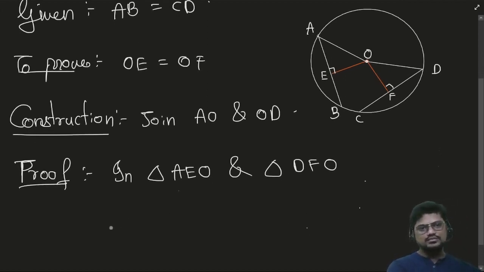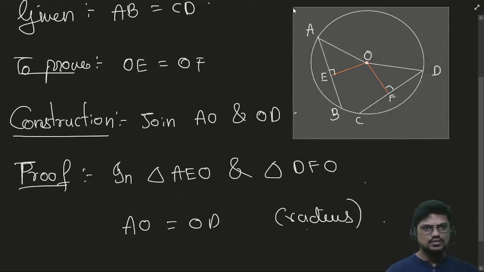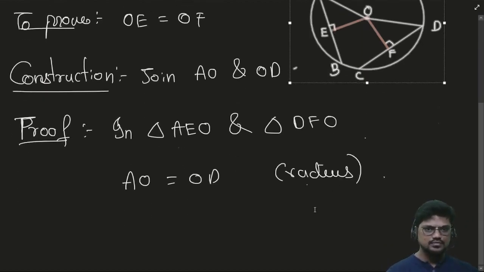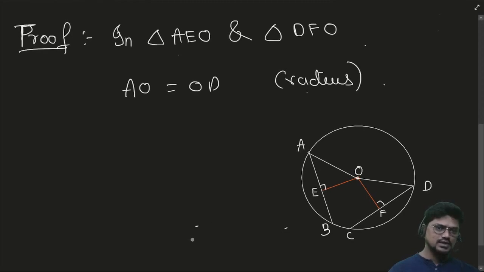Now over here AO is equal to OD. What is the reason? Radius. Yeah, AO equals OD because it's a radius. After that, angle A equal to angle F. Why? What is that? Sir, AE equal to FD. How?